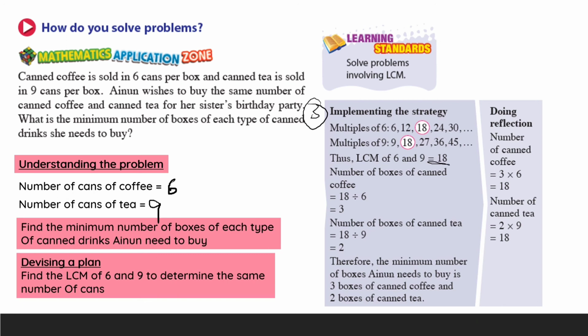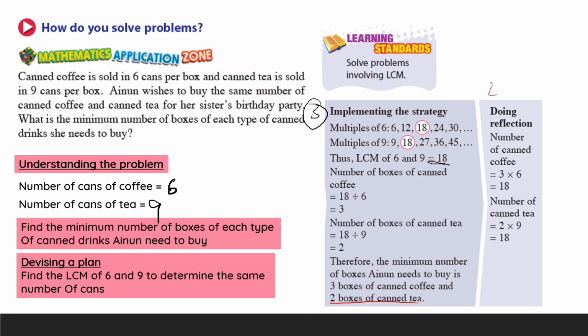Number of boxes of canned tea equals 18 divided by 9 equals 2. Therefore, the minimum number of boxes Ainon needs to buy is 3 boxes of canned coffee and 2 boxes of canned tea.